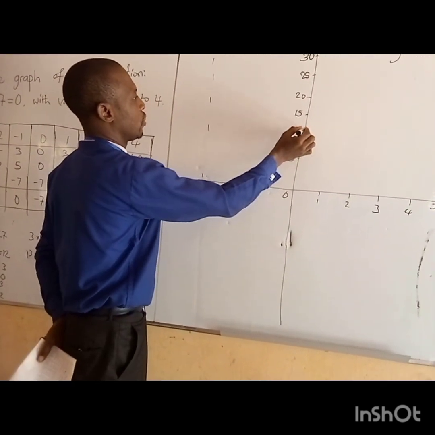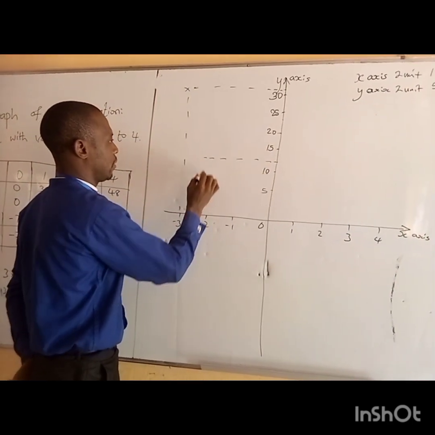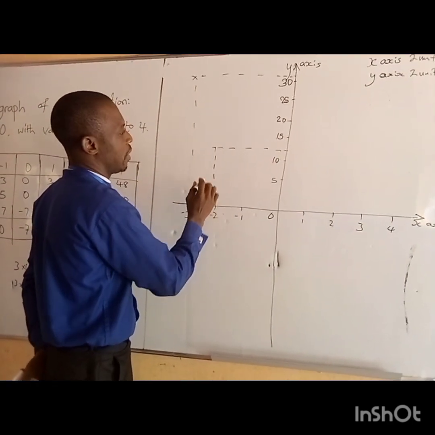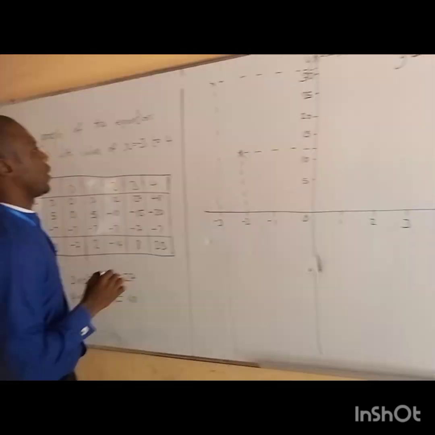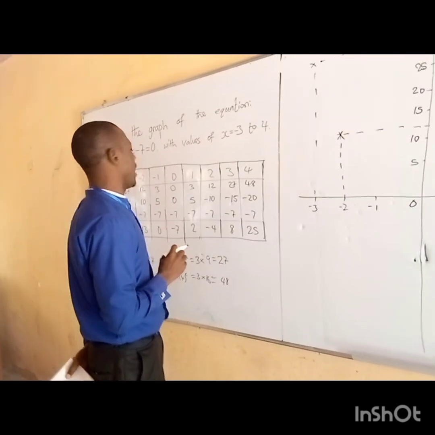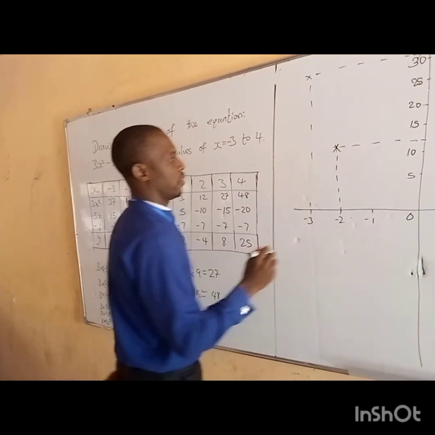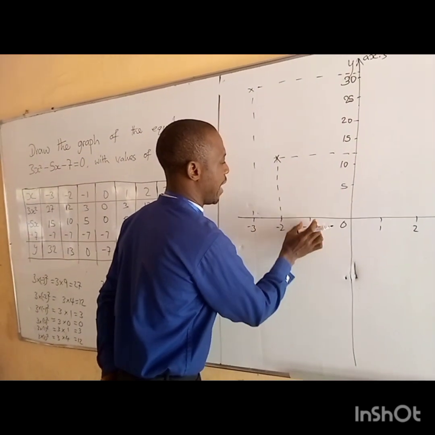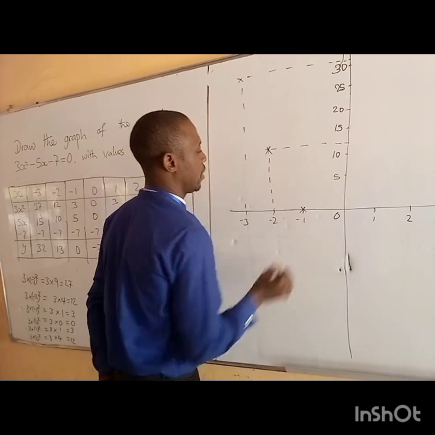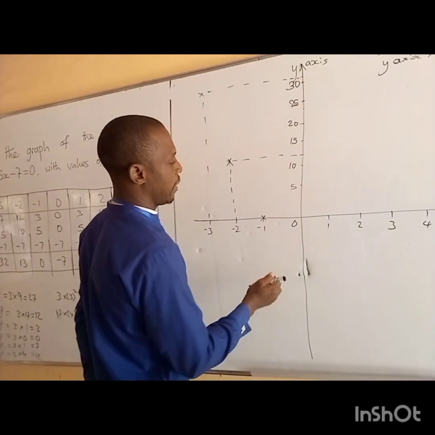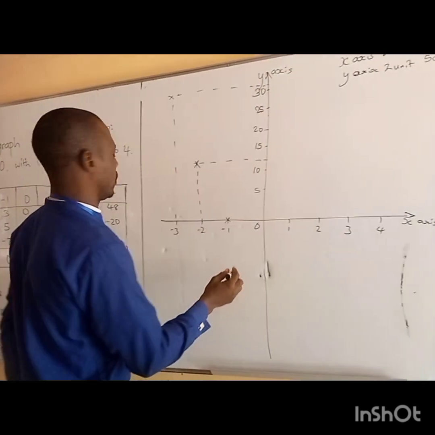So 13 is a little above 10. And then when x is minus 1, y is 0. So when x is minus 1, y is 0. And then when x is 0, y is minus 7.